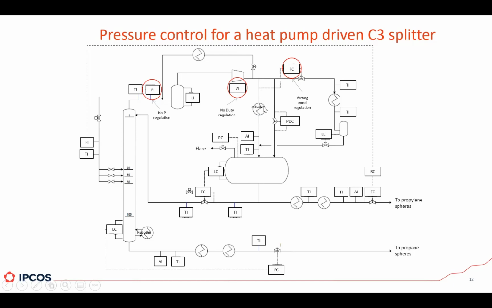But the reboiler of the column is at the same time the condenser of the overhead vapors. So the overhead vapors condense in the reboiler. Sounds a bit strange, but it's exactly what happens. And then they go to the overhead drum.